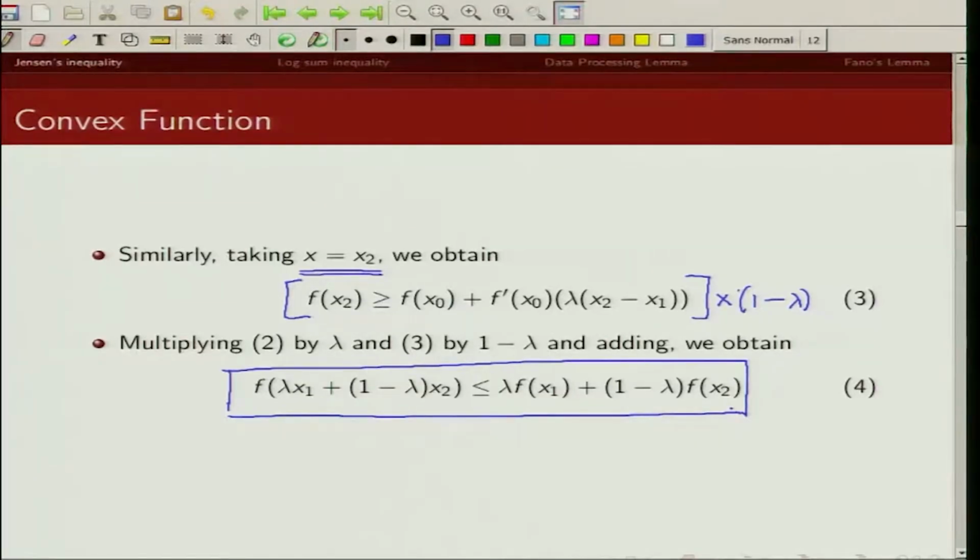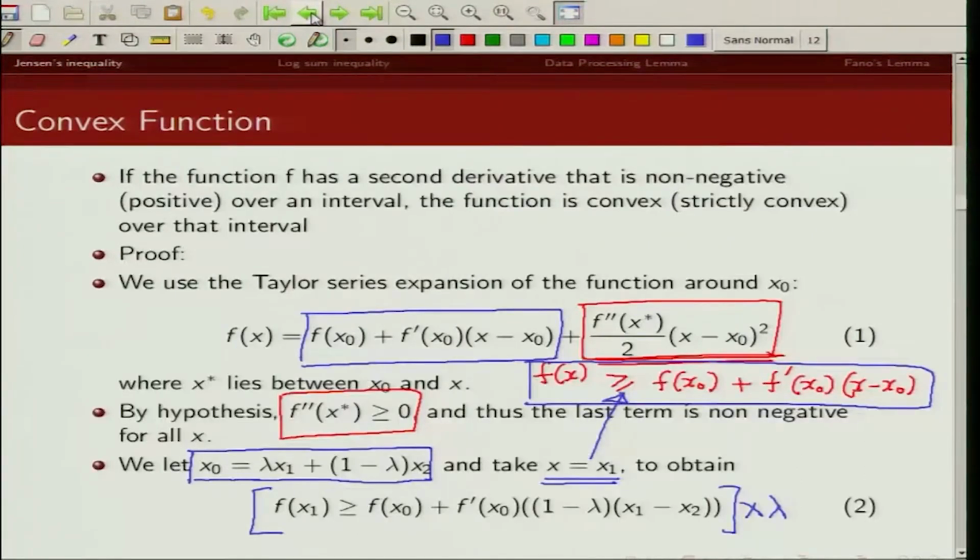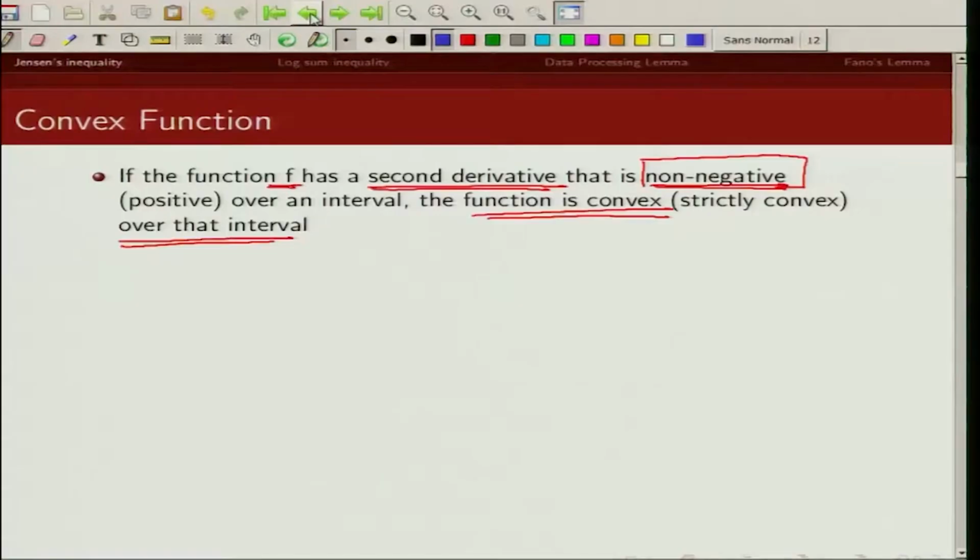Now what is this? You go back to our previous expression that we had.